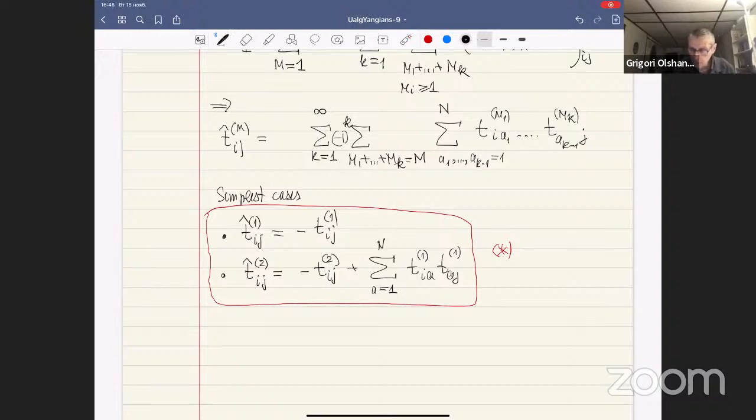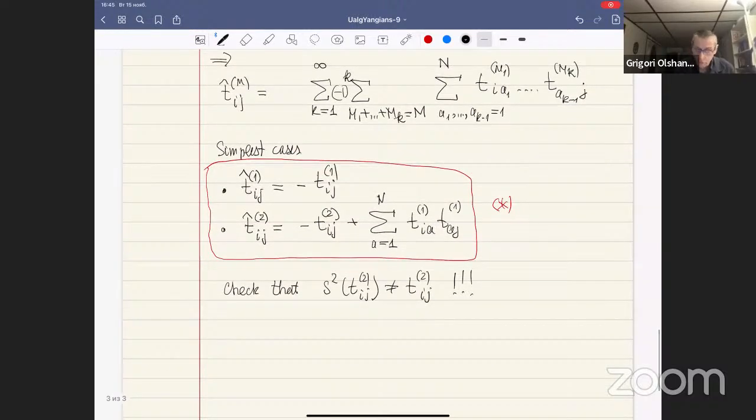Then, so we have these formulas. And I want to check that already on this level we get something different. And indeed, what do we get?